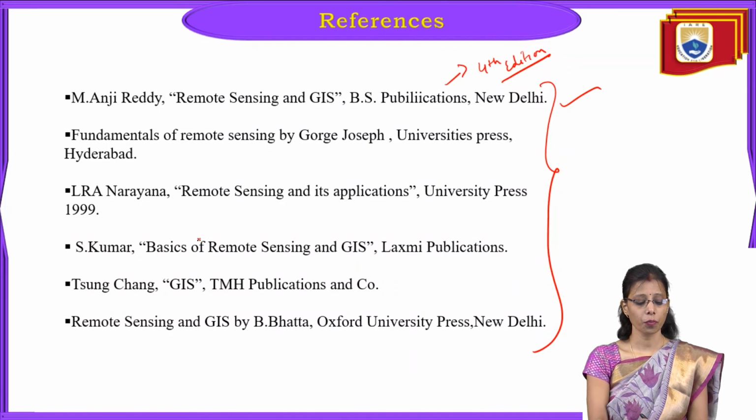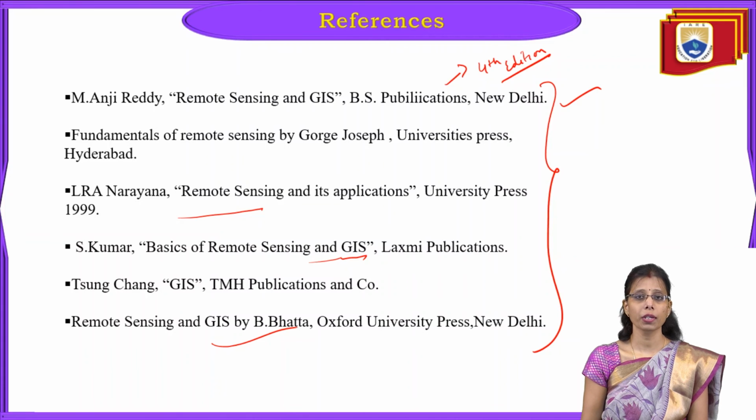LR Narayana, Remote Sensing and its Applications, is another good book for the remote sensing process. Then we have S. Kumar, Basics of Remote Sensing and GIS. We have Tan Chan, GIS, TMH Publications. Then we have Remote Sensing and GIS by B. Bhatia, Oxford University Press, New Delhi. These are all references you can go through to find more content and learn more about remote sensing and GIS.